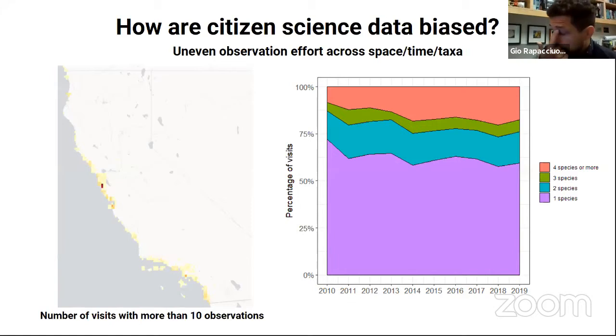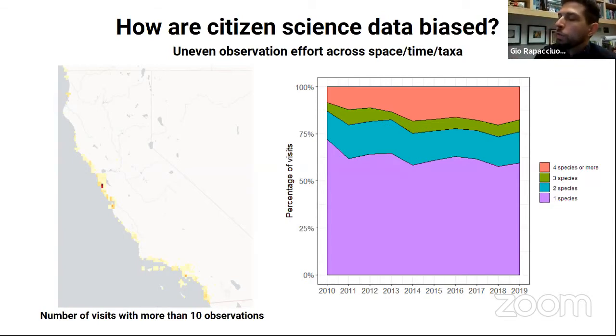The third type of bias, which is actually very important as well, is that there is an uneven observation effort across space, time, or taxa. That is, there are some observation events, let's call them that, and we'll talk about these in more detail in a minute, but some observation events see a higher effort than others.